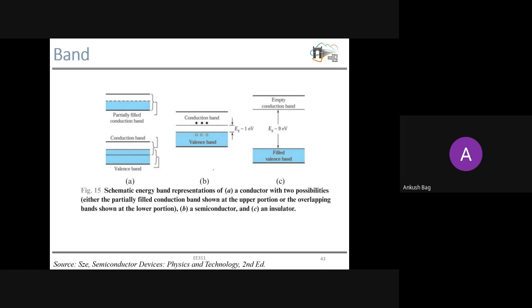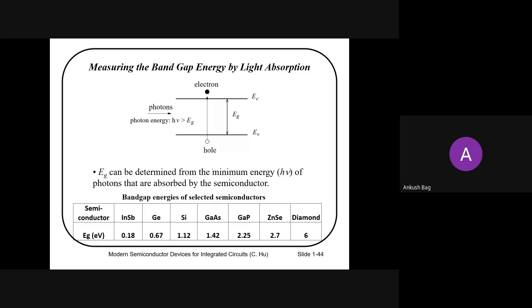Here the band gap is forming at a particular lattice distance, which is the lattice constant. Now, how to measure this band gap? There are different techniques. You can utilize the light absorption technique to measure this band gap.